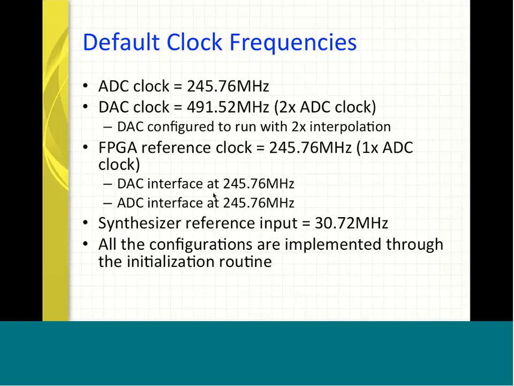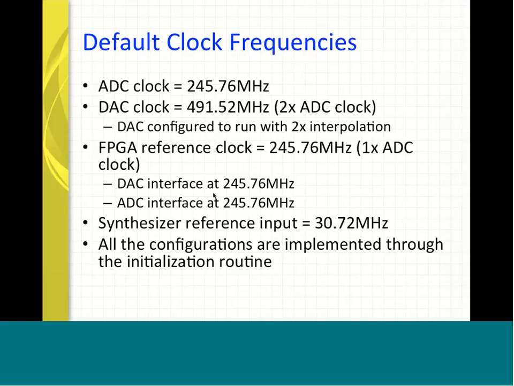The input is 245.76 megahertz, and the FPGA reference clock is also running at 245.76 megahertz, which is equal to 1x the ADC clock rate. So the synthesizer reference input is 30.72 megahertz. Therefore, when you generate a local oscillator frequency for either the TX or the RX, there is a resolution of 30.72 megahertz.